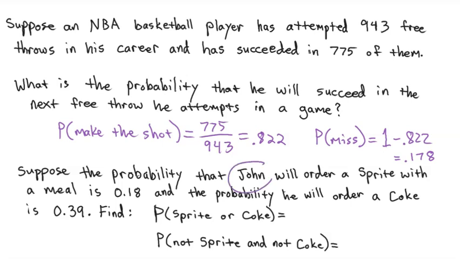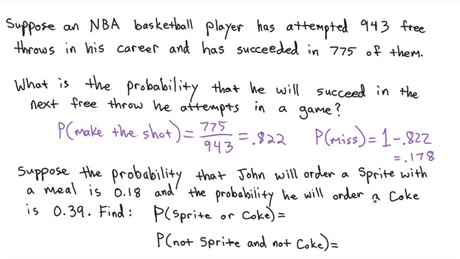Suppose John goes to have a meal at a restaurant, and suppose the probability that John will order a Sprite is 0.18, and the probability that he'll order a Coke is 0.39. Find the probability that he will order either a Sprite or a Coke.